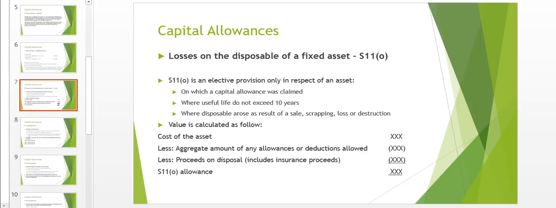So in total, all the allowances which you wrote off in the previous years of assessment, you need to subtract all of those allowances together, and then also the proceeds on this disposal. So how much you sold this asset for, or if this asset got destroyed, then the insurance proceeds that you got. You need to subtract that, and that will then give you a Section 11(o) allowance, if there's a loss. Okay.